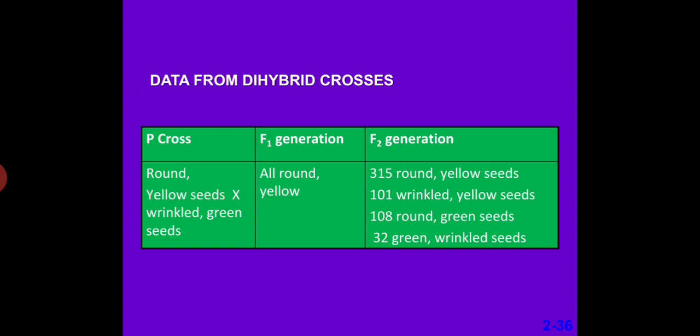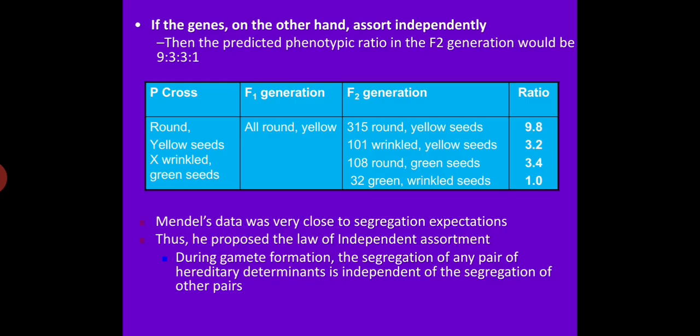Data from the dihybrid cross. When Mendel crossed a round yellow seed plant with a wrinkled green seed plant, in the F1 generation all the plants are round yellow. In the F2 generation, he got 315 round yellow seed plants, 101 wrinkled yellow seed plants, 108 green round seed plants, and 32 green wrinkled seed plants.